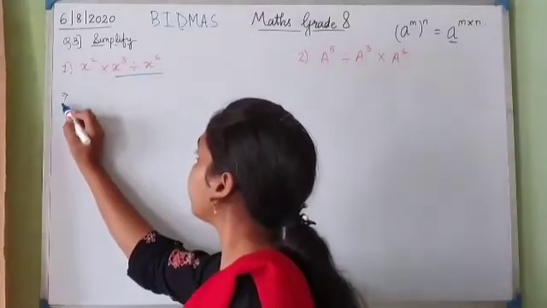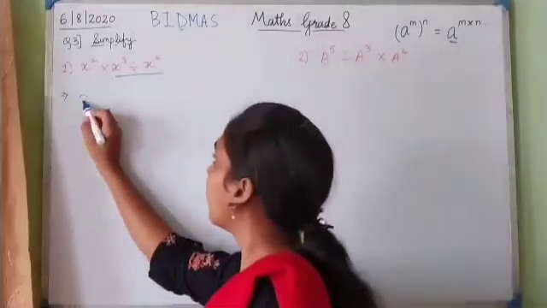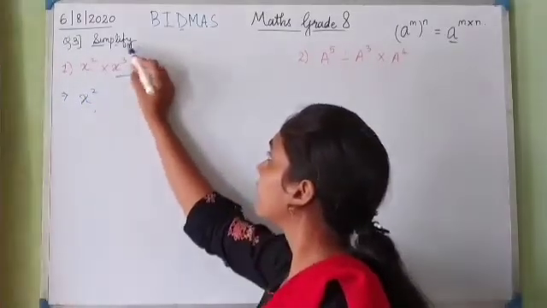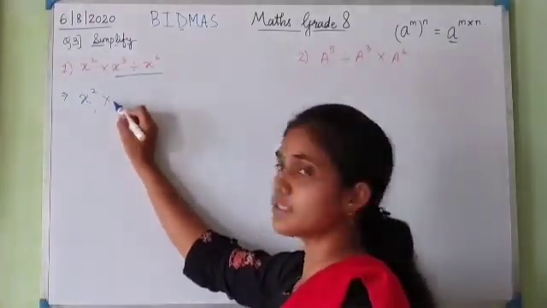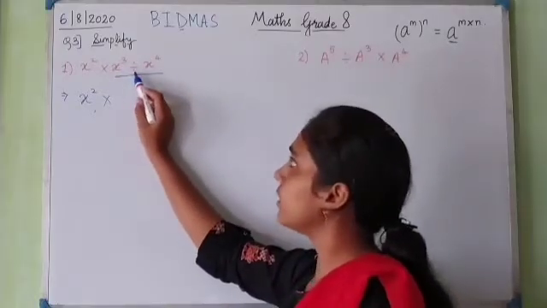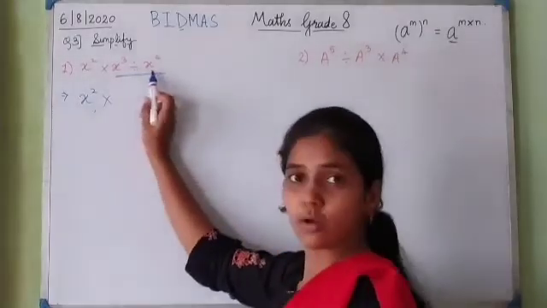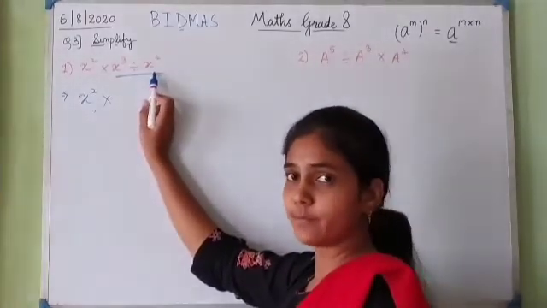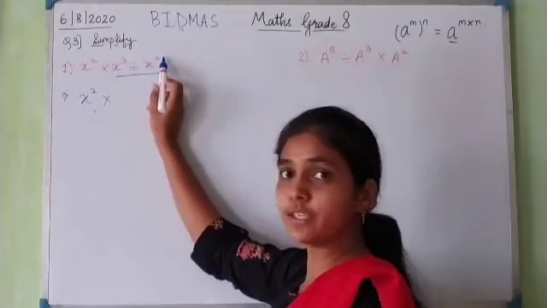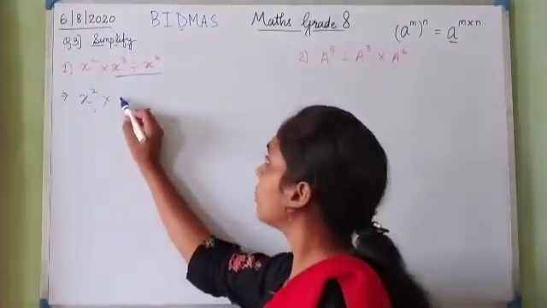So this x raised to 2 will remain as it is. And now I will solve this part. Multiplied, sign will also be the same. So now x raised to 3 divided by x raised to 4. The base is same, x is the base and their powers are different and both the bases are divided. Okay. So what we do?